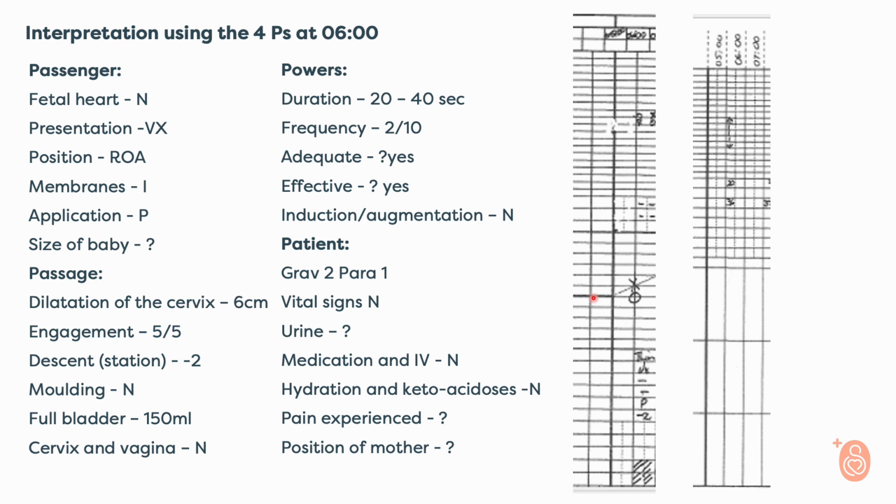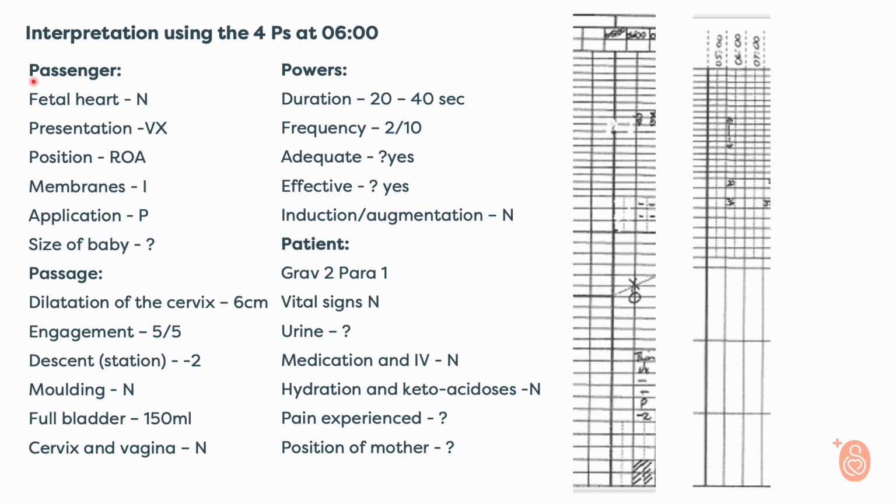As I've explained previously, we make the cross for the cervical dilatation where it crosses the alert line. So here 6 centimeters fell on the alert line, and this is where we start our active phase of labor on the Partograph.